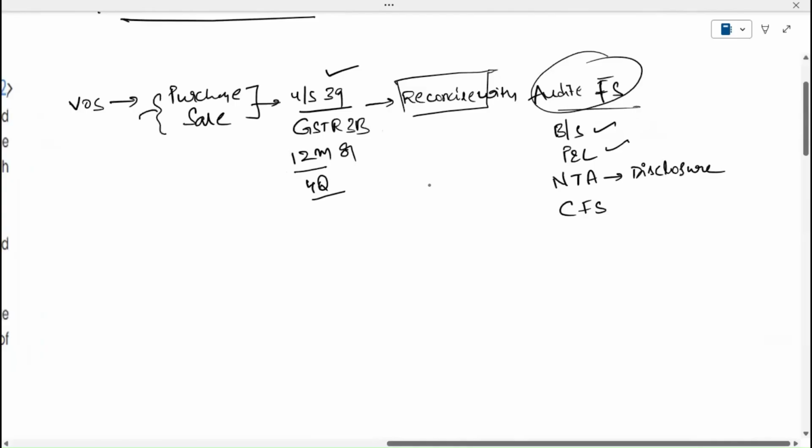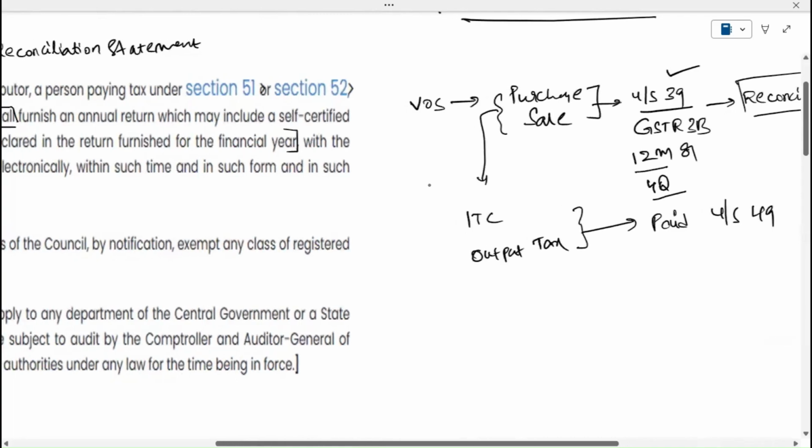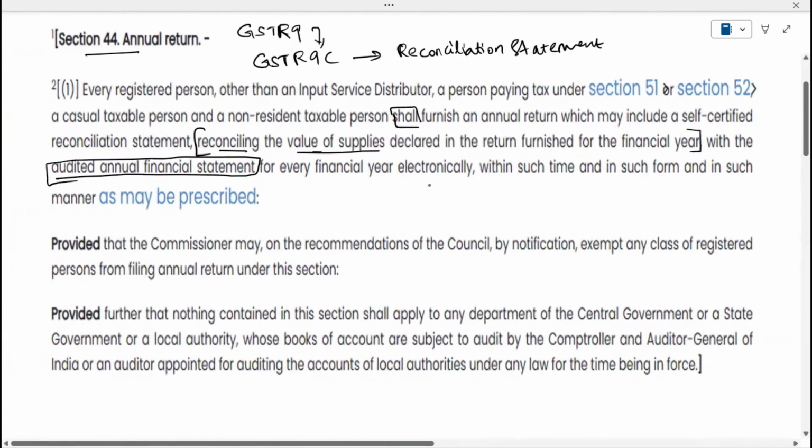That means to say, your input tax credit and your output tax, what you have paid under Section 49, should match with my audited financial statements. So this is the next level of expectation which was set by the GST on a registered person.